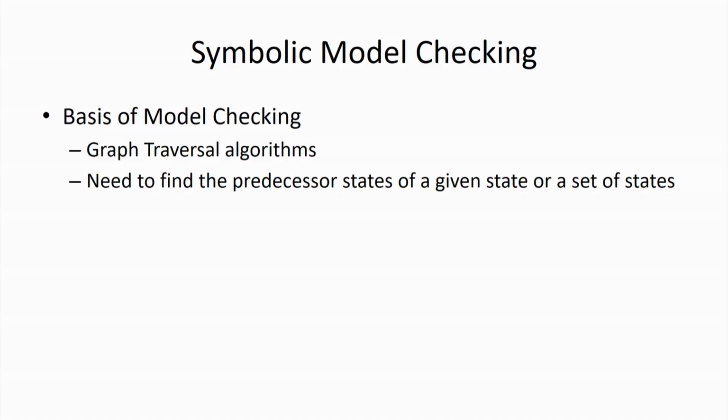So, what is a model checking algorithm? We know that it is a graph traversal algorithm. Looking at the operators, there exists a path where next state p holds, or in all paths in future p holds, or there exists a path where p remains true until q becomes true.